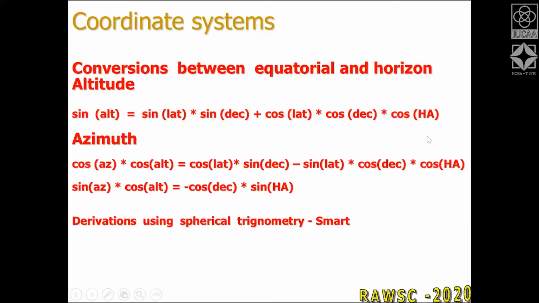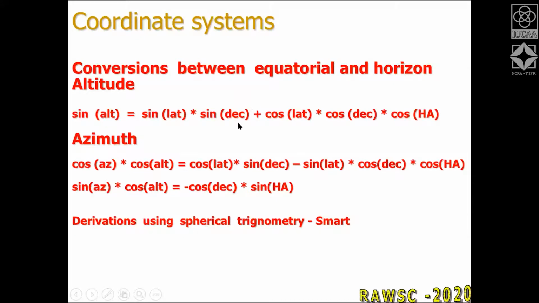So the altitude and azimuth, as a result of these expressions, you can directly see, are both place as well as time dependent. Place dependent because latitude has entered here, and time dependent because hour angle is a function of time. So by definition, these two coordinates will be place and time dependent.